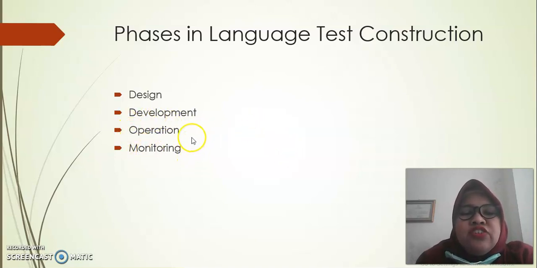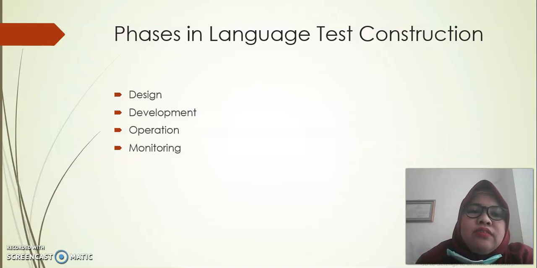And operation: we operate the test with real students, our students. And then monitoring: we have to monitor whether the test that we have made is always updated or not. We cannot use our test, for example, for five years. It's out of date, of course.